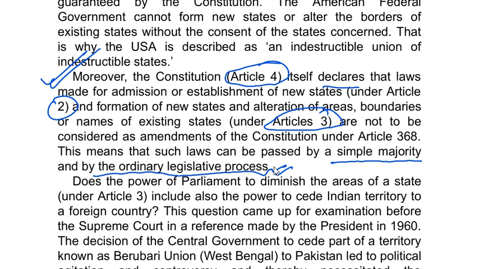That should not be considered an amendment under Article 368. So the procedure will not be so complicated or so rigid. Easily, in the flexible mode, by the simple ordinary legislative procedure, Parliament can bring changes using Articles 2 and 3. So this is the main thing present in Article 4. Okay.